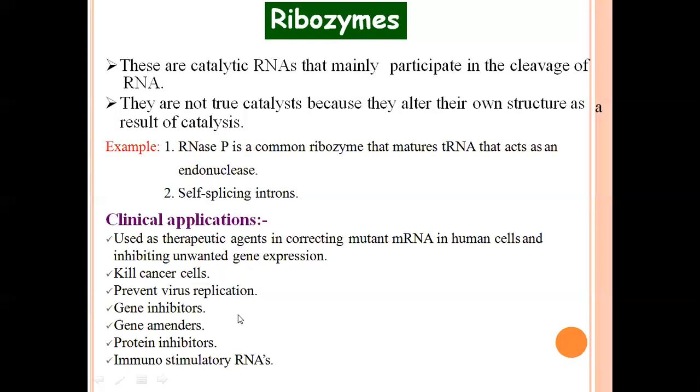It can also amend gene regulation, protein synthesis and protein inhibition, immunostimulatory RNA. So these are the clinical applications of RNA rather than only protein synthesis. Okay, so these are very important points. You can note them down.